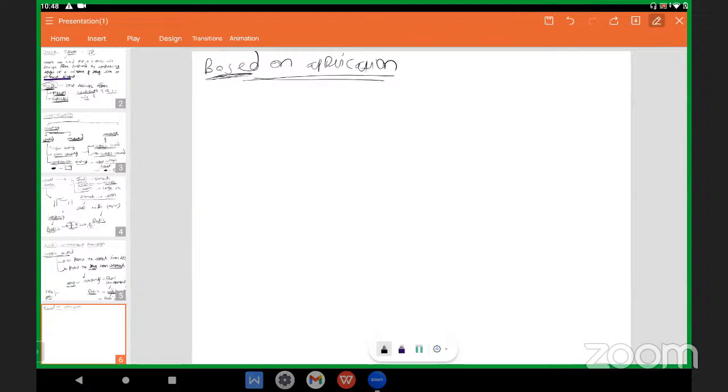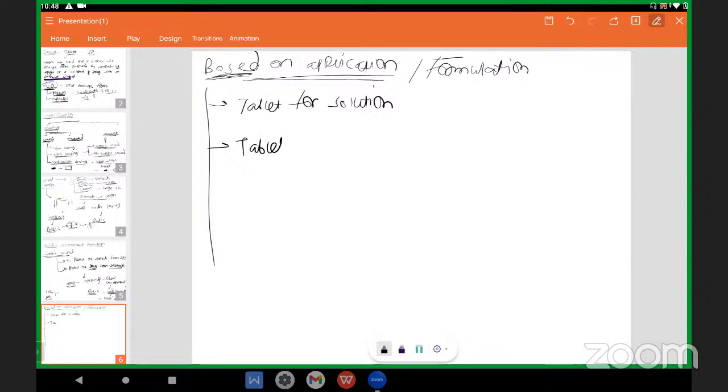And based on the formulation also you can say. So take down this classification also. Based on this, there are different categories of the tablets. First one is tablet for solution. Second one, that is tablet in mouth.